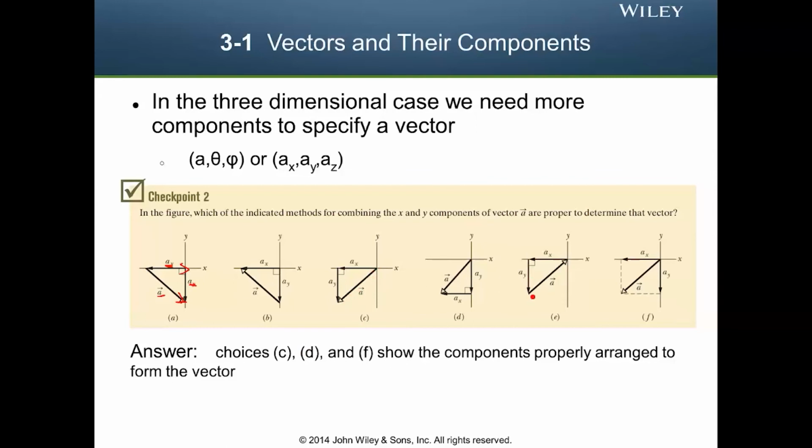E is the last one that's not correct. So again, it's going up. These arrows are indicating that basically it's going the wrong direction. So you can see if you broke this into components, it's going this way on the y-axis. It's going up. And it's also going to the right on the x-axis.